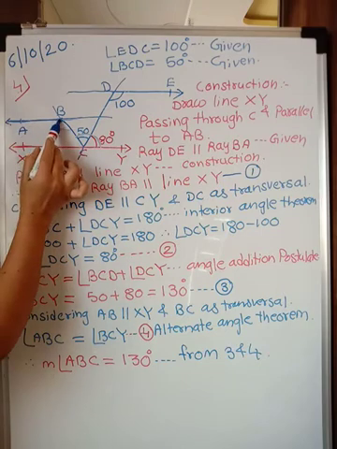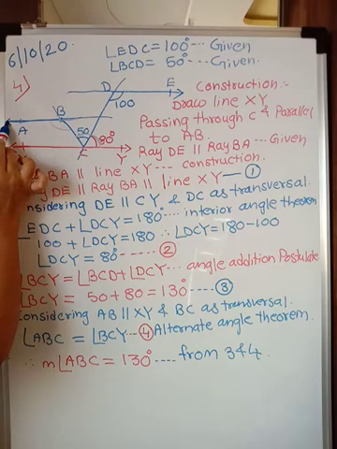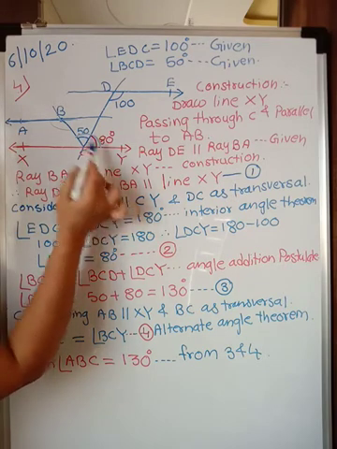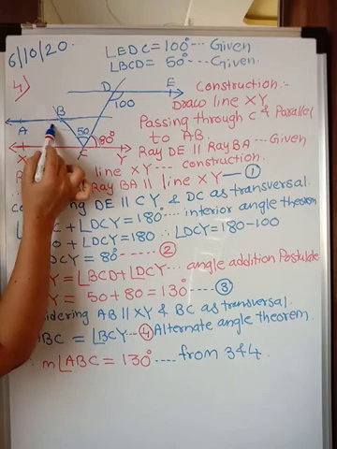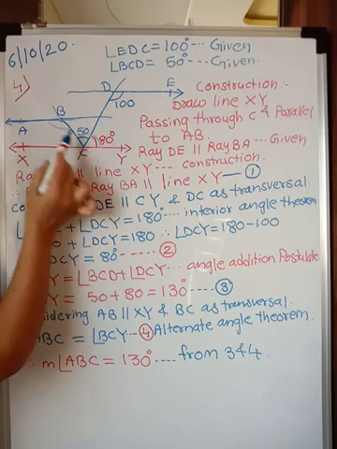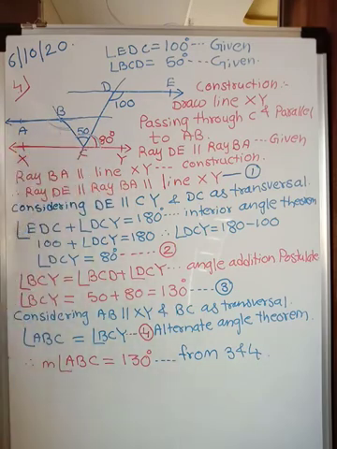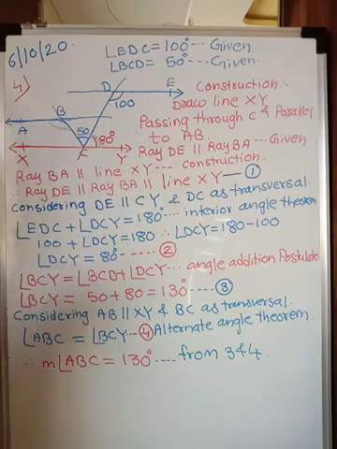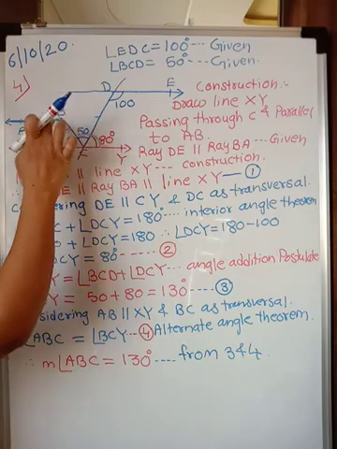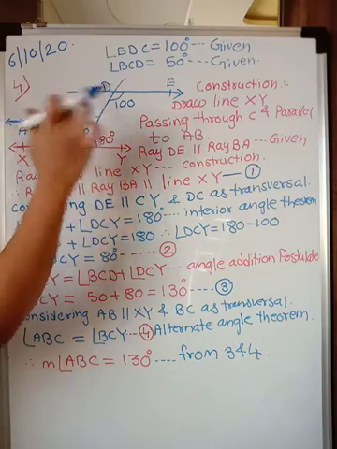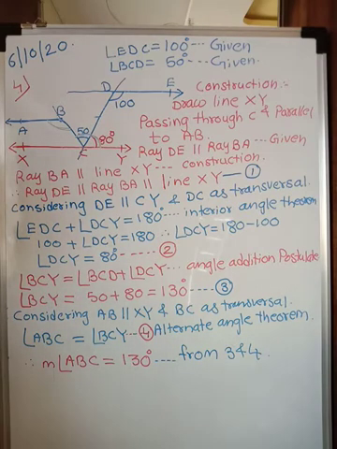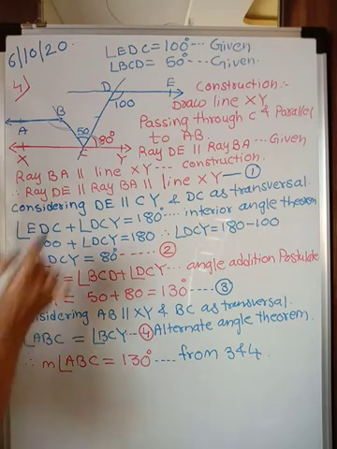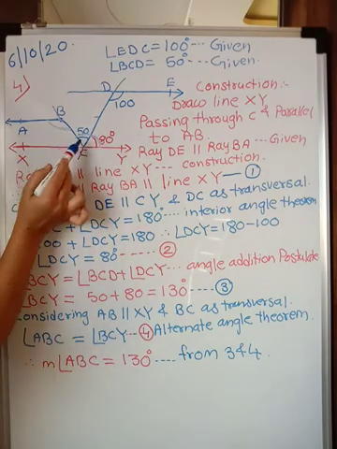So considering ray BA and line XY, with this as transversal, these two angles are alternate angles. For your imagination, I am extending it. Otherwise, you will say a ray is extended only in one direction. How come you are extending this? This is for you to imagine. I have extended this also to show how these two are interior angles. So these two are alternate angles.